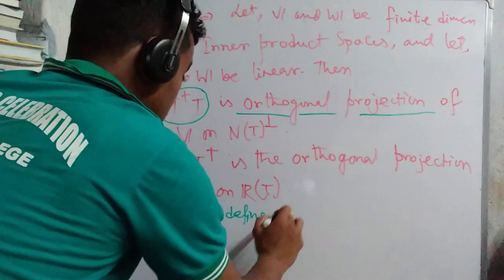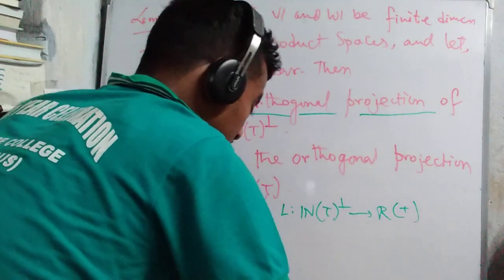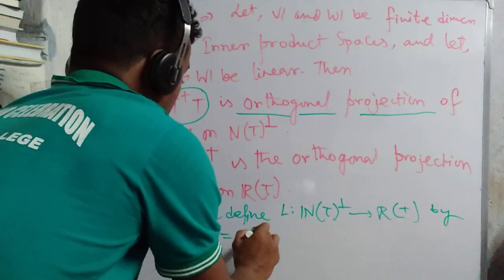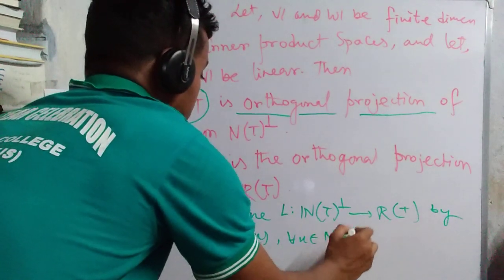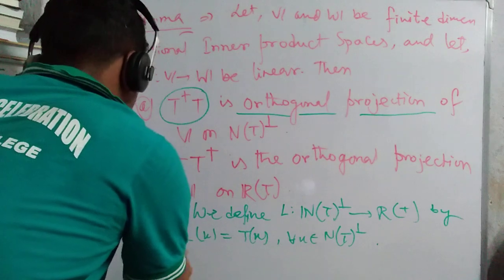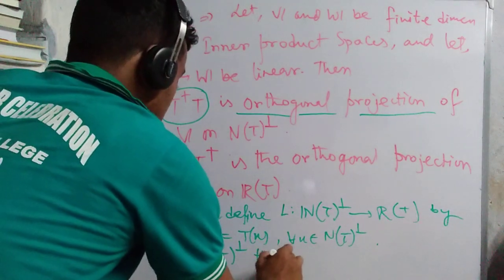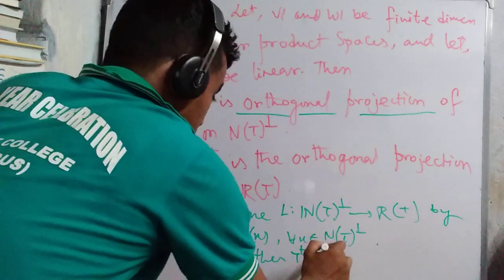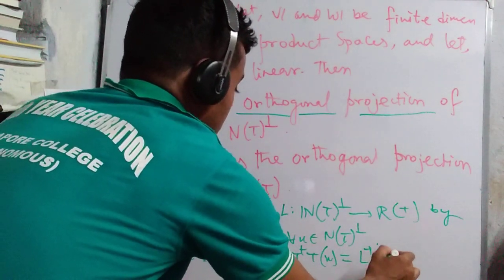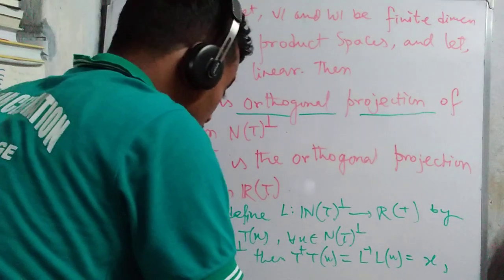We define L from N(T) perpendicular to R(T) by Lx equal to Tx for all x belonging to N(T) perpendicular. Then if x belongs to N(T) perpendicular, T dagger T x equals L inverse L x, which equals x. Understood?